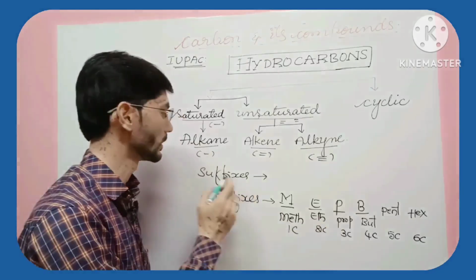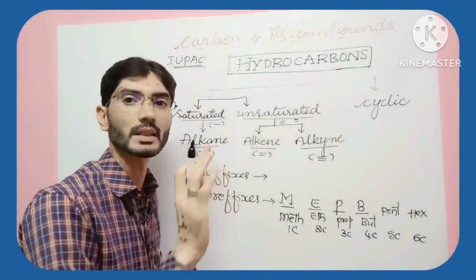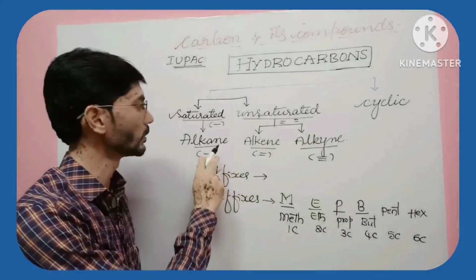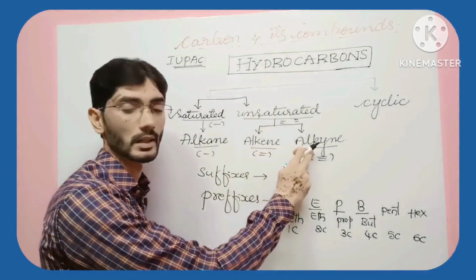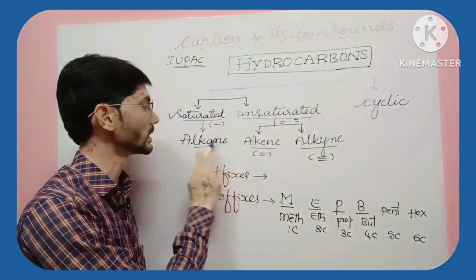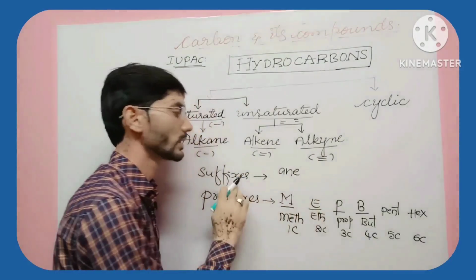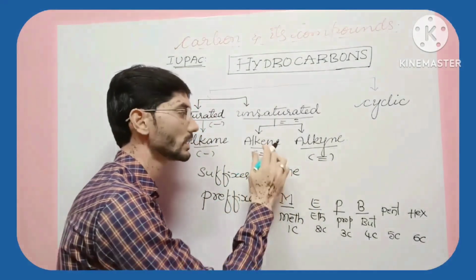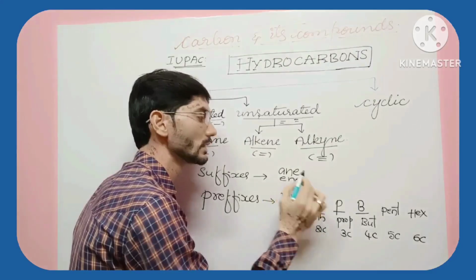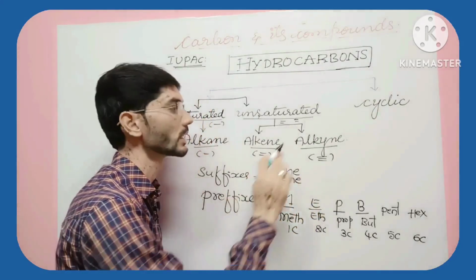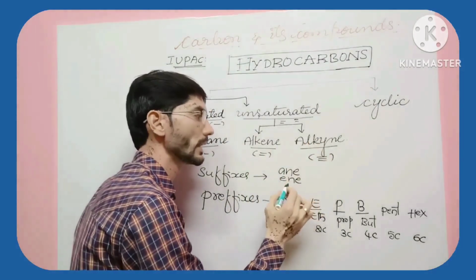Now let's move on to suffixes. There are 3 suffixes here. As we have seen, alkane, alkene, alkyne. These words end differently. Alkane ends with ANE. This is one suffix. Alkene ends with ENE. This is one more suffix. And now alkyne ends with YNE.